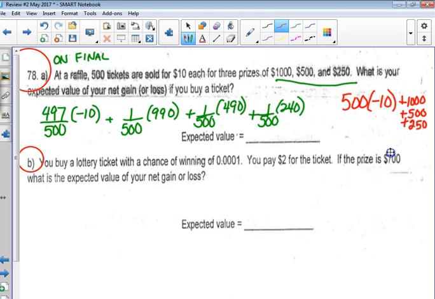I'm still in the hole, yes? And then you would have to divide that by 500 to get the average per ticket. Anybody get an answer? It's negative 650, okay? But it will work if you just say, I bought all the tickets, I won all the prizes, and I came out this far ahead or behind, and then divide by the number of tickets.